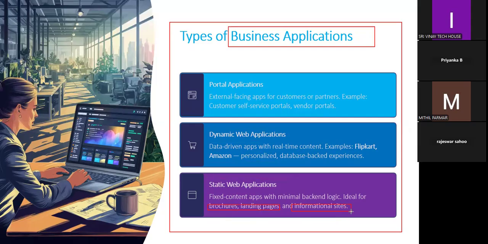Every real estate company maintains a site with only brochure information. We don't need to register or log in. We can go to any real estate site and see the plans and available information. These real estate sites are the best example of static web applications.